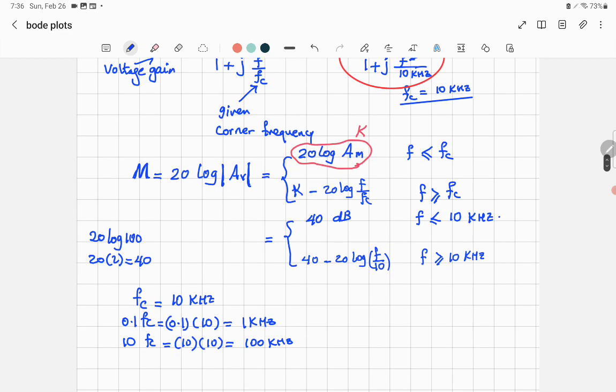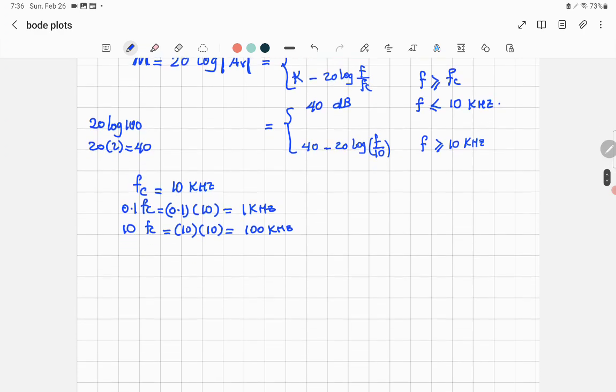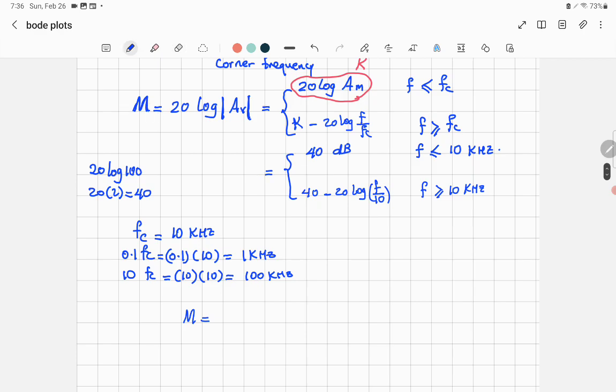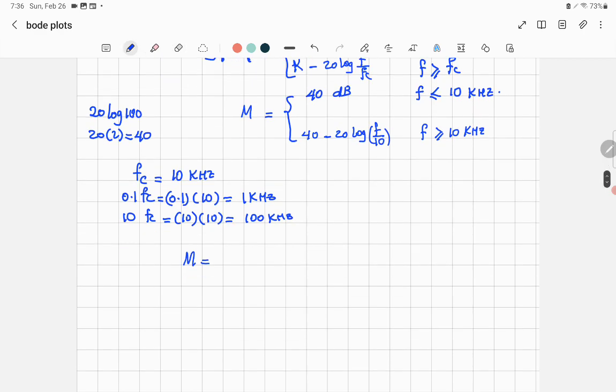All right. How do you sketch this straight line? Let me write the second equation here. M is equal to 40 minus 20 log F over 10. That's a straight line. This is the constant value, and this is the slope.